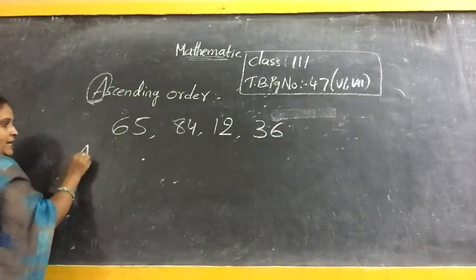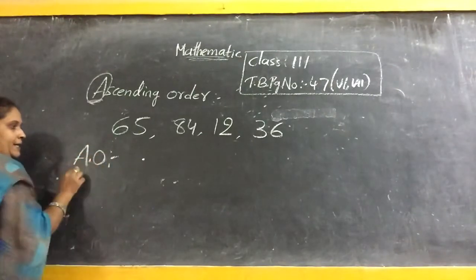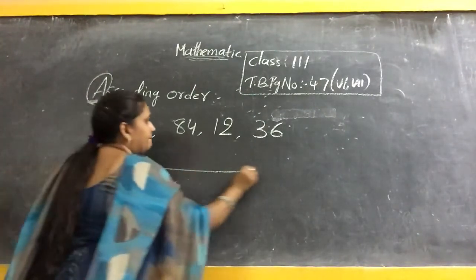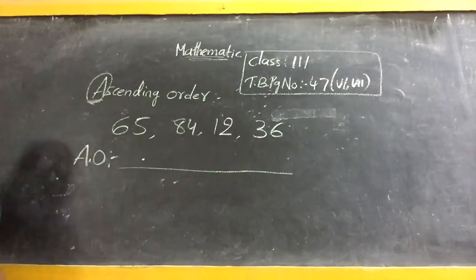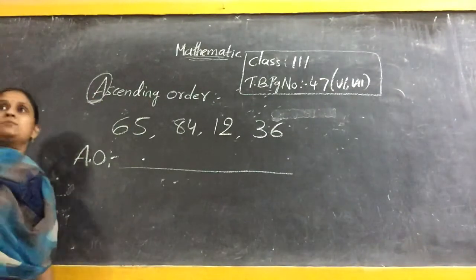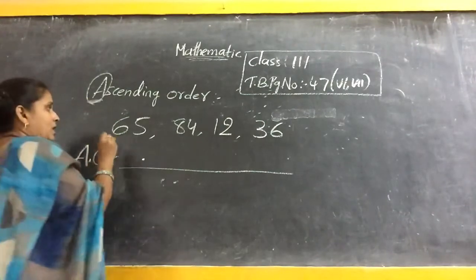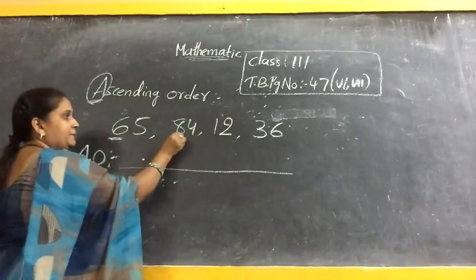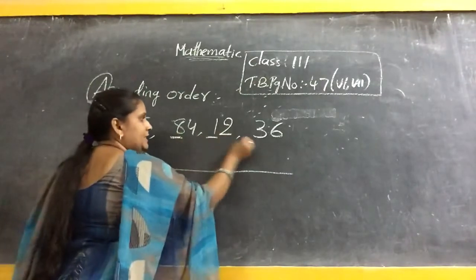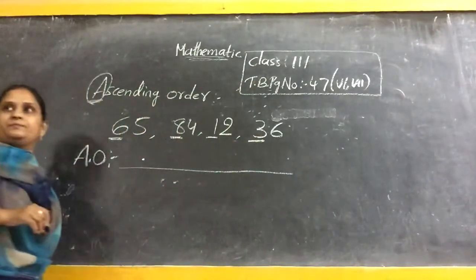Now A, O. It means ascending order. Now tell me which is the small number. For that, what you have to do is underline the first digit in all numbers.